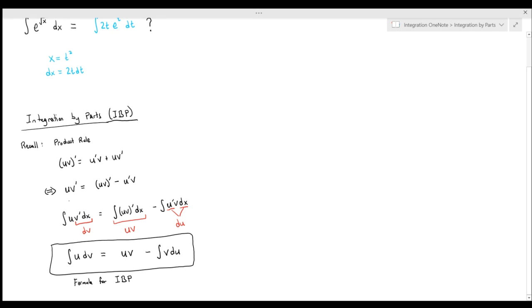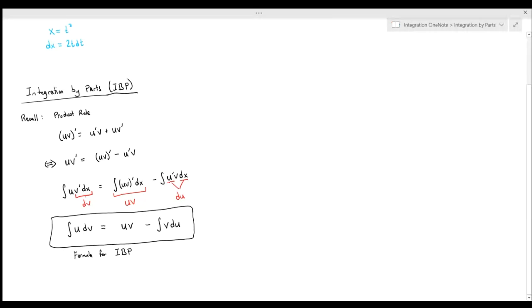Okay, so from here, what we're going to do is integrate both sides. I integrate uv prime over here, and then integrate the u prime v over here. So I apply the integral to everything in this equation. Now, if we rewrite v prime dx as dv, then this becomes the integral of u dv.